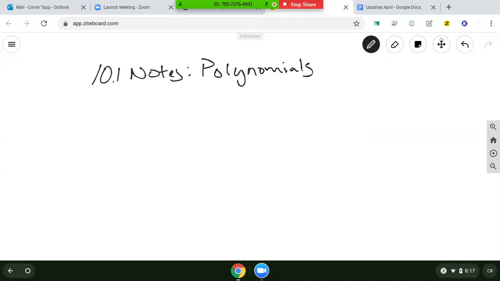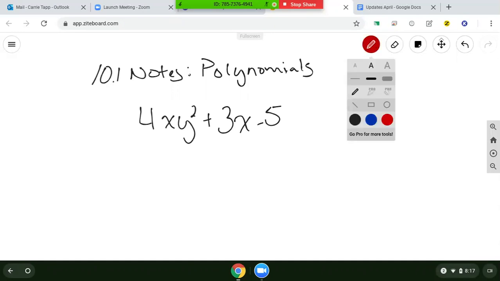We're going to start with an example here. So if we go 4xy squared plus 3x minus 5, okay? Sorry, I'm not used to using this program, so be patient. We're going to just talk about the breakdown of the different parts.